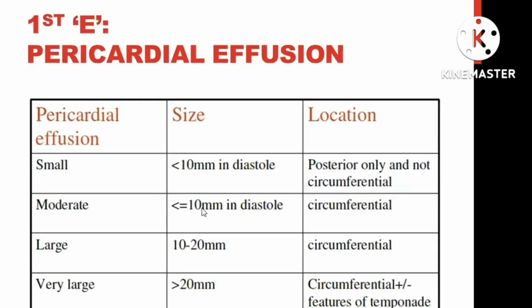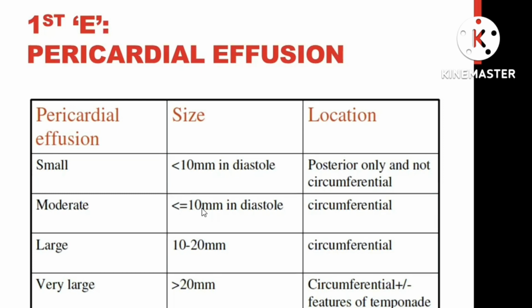So let's start with effusion. There are different classifications actually: small, moderate, large, very large. Measure the diameter of the pericardial effusion from the pericardium to the posterior. If it is very minimal, less than 1 centimeter, or more than 2 centimeters.